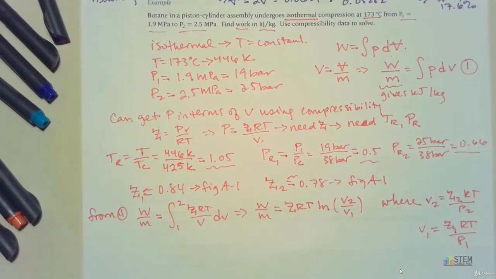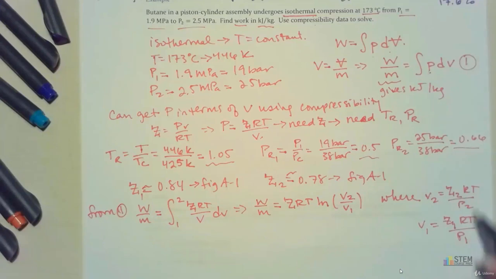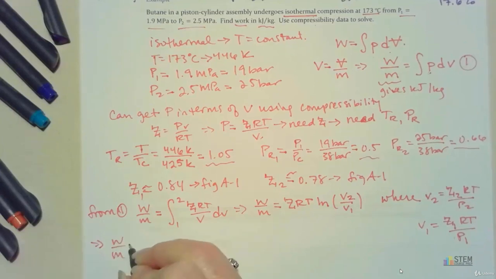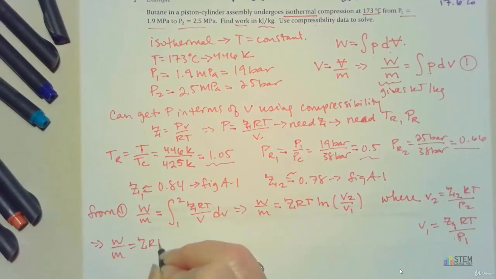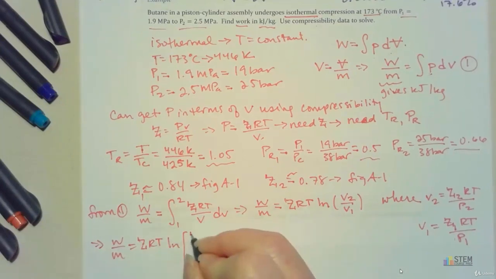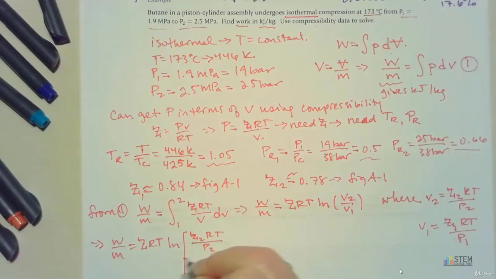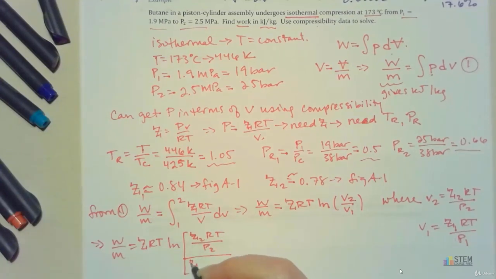Okay. So now that we have that, let's go ahead and plug these equations in right here. That'll give us W over M equals ZRT times the natural log of Z2RT over P2 over Z1RT over P1.